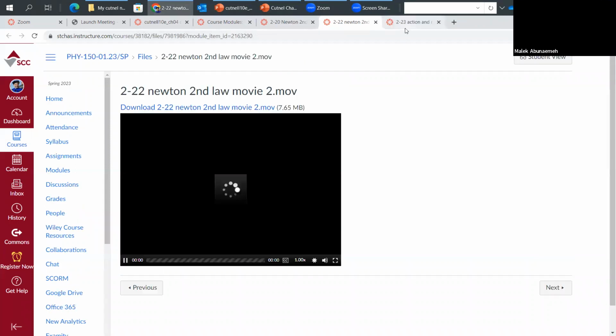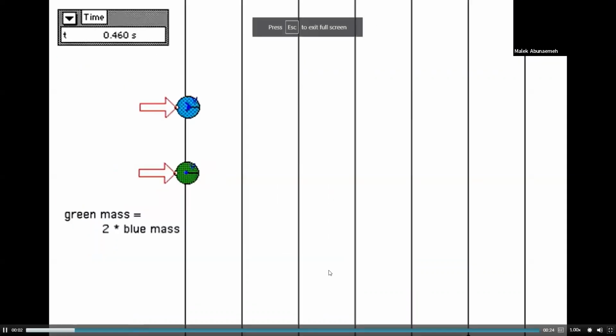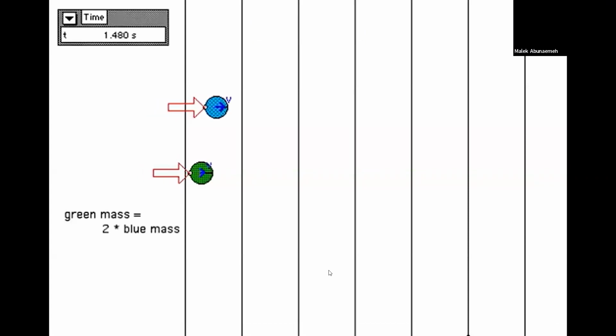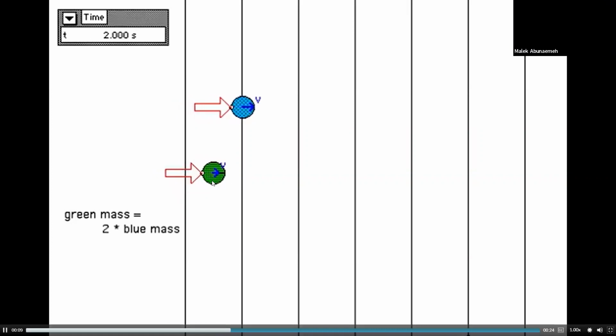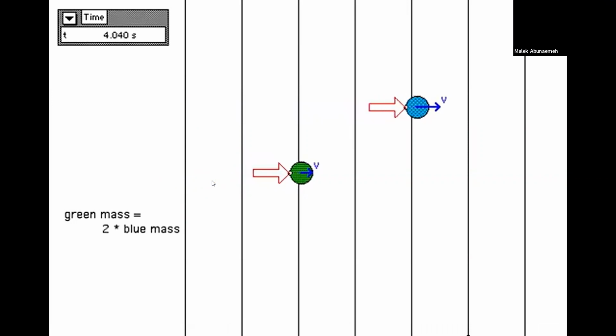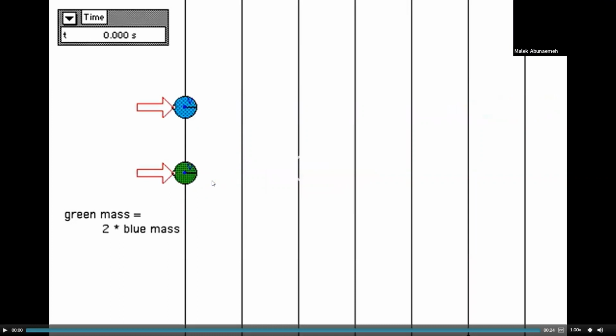Now, in the second video, they both have the same force on them, but the mass of the green ball is twice the mass of the blue ball, which contributed to the blue ball having more velocity.